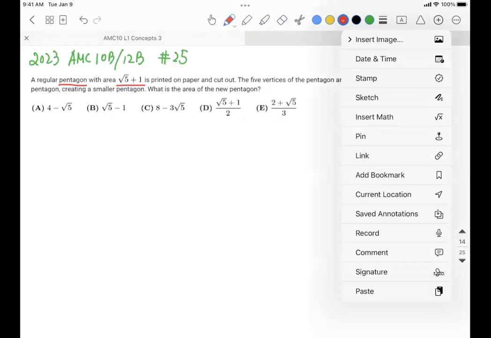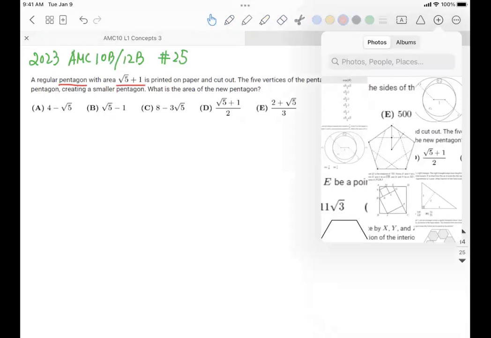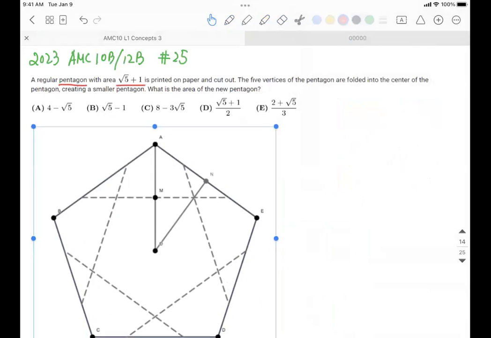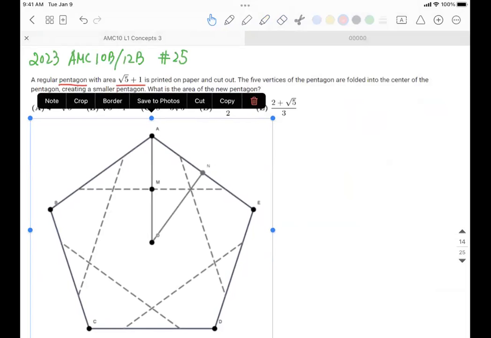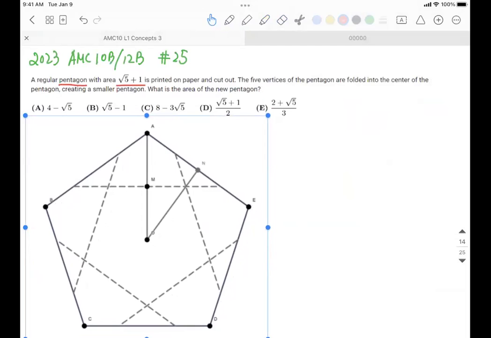I'm going to give you the shape first, like the graph. This is important for you to understand. So let's say you have this pentagon with A, B, C, D, and so on, and you have to fold all those 5 vertices together to create a new pentagon.